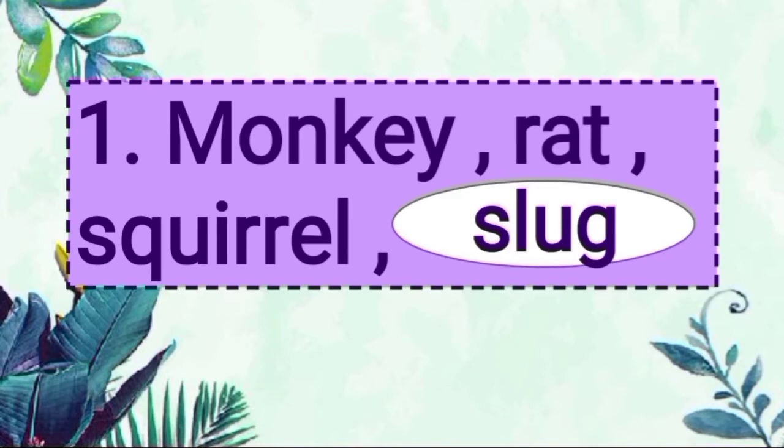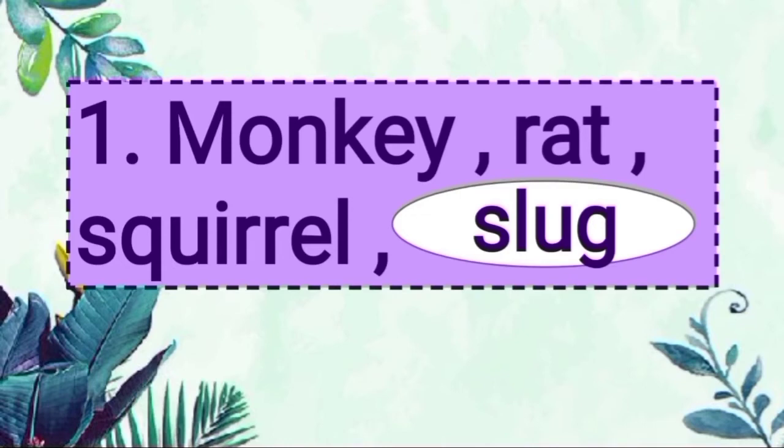As you know, animals that do not have a backbone are called invertebrates. An example of an invertebrate is a worm such as a slug, which is the fourth word here.